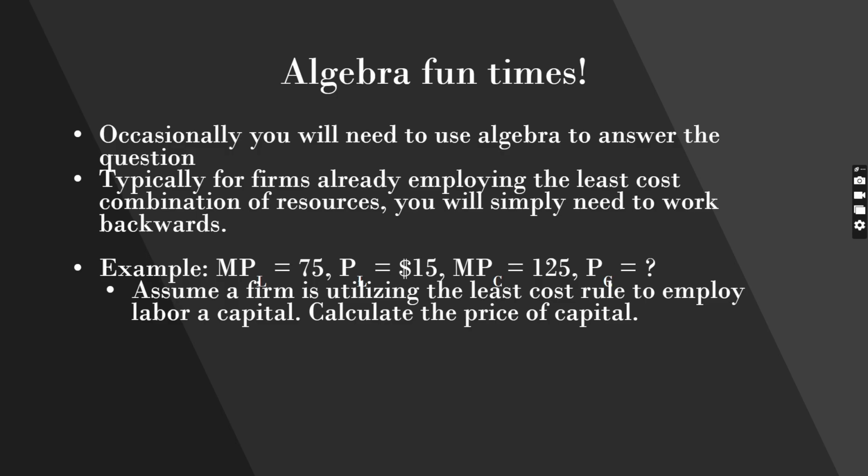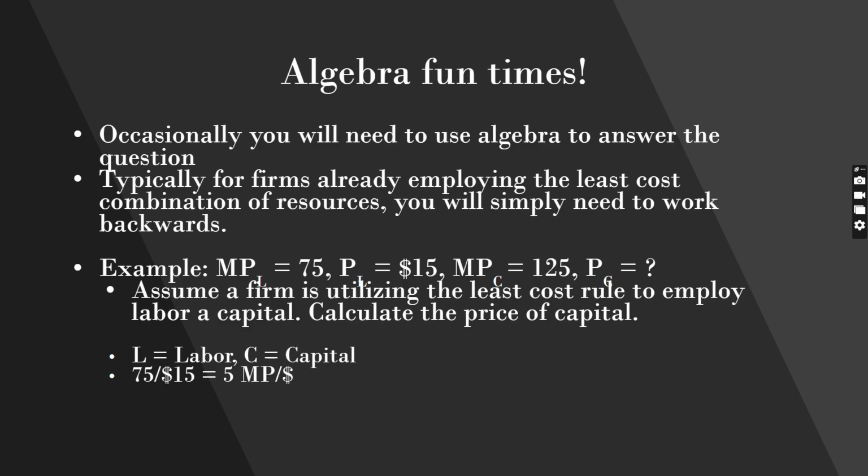Okay, so hopefully you were able to attempt this, and your algebra is being brought back to the forefront of your brain. But we're going to first begin by calculating the marginal product per dollar of labor because we have all the information. So we can do 75 divided by $15, that's the marginal product divided by the price of labor, and that gives us a marginal product per dollar of 5 for labor.